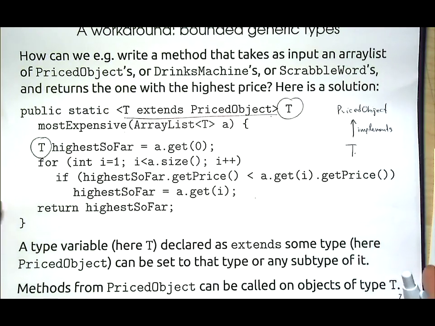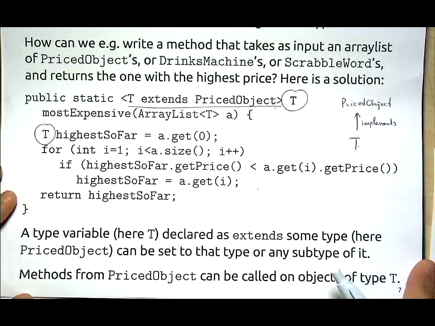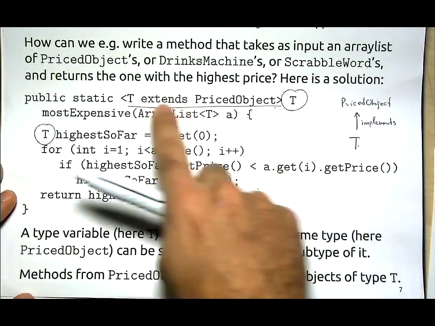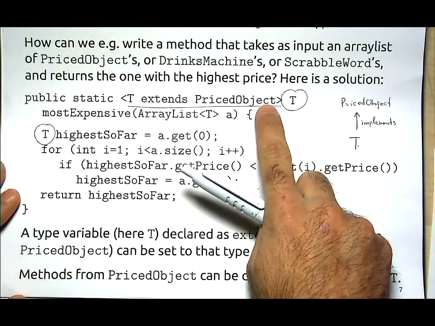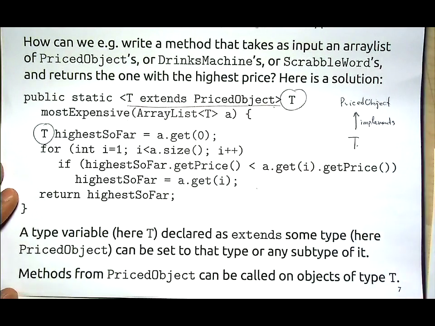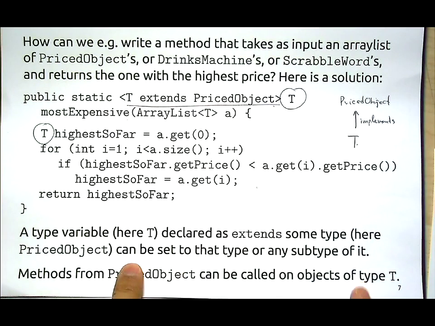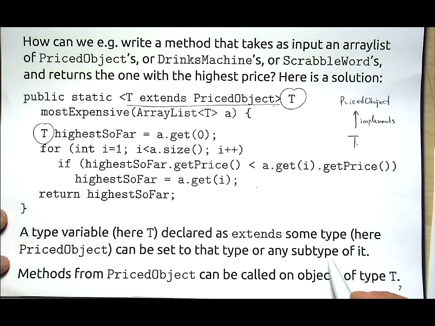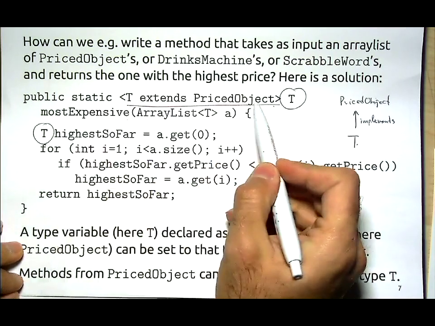And why does this code compile? Well, because we have defined T to be a subclass of priced object. So we can call it either on drinks machines or on Scrabble words, and that is what is going to work. The reason why the code compiles is that we said this extends priced object.